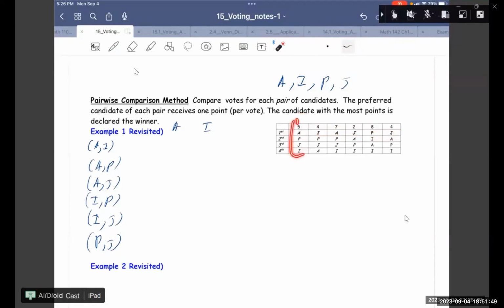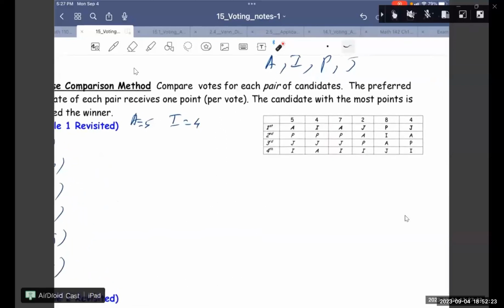So for A, we have A as 5, and the fourth, and the next one for I, the first place, I is 4, and so we have A.